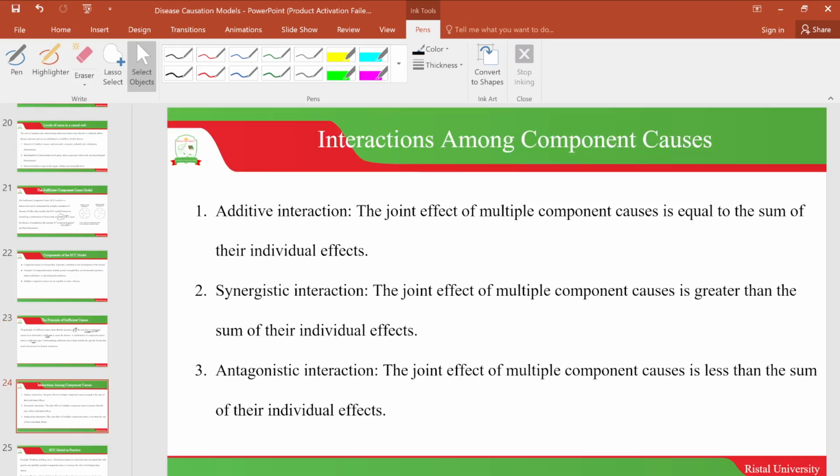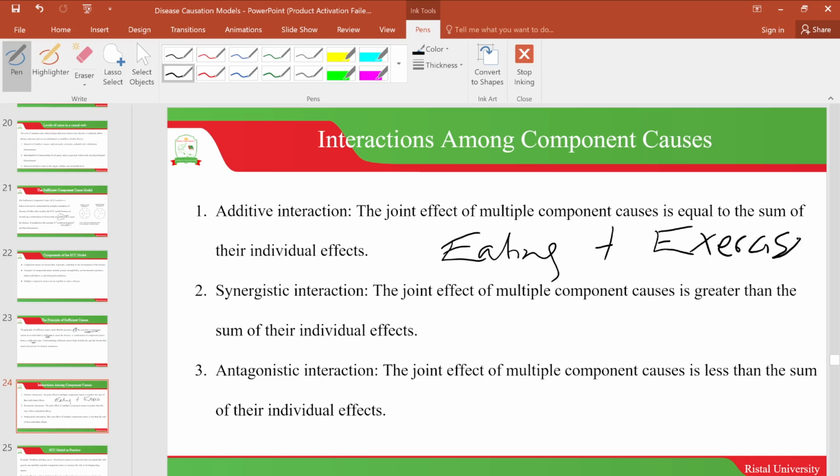We can look at the interaction of these different components. For example, the example I gave earlier was that the person is not really eating well, but they are exercising. The unhealthy diet is of course a negative, a risk factor, but the exercise is a positive, which means it is a protective factor.